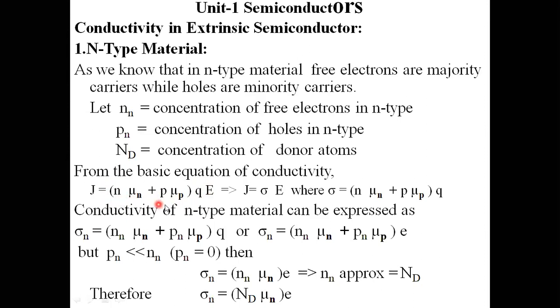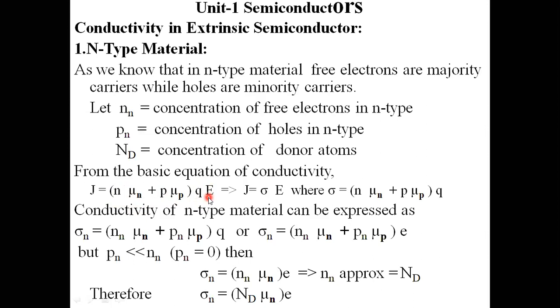From this basic equation, we applied it to the intrinsic semiconductor material in the previous section, taking the common term ni: ni into (mu n plus mu p) into q into capital E. That is the current density relation we acquired in intrinsic semiconductor material.